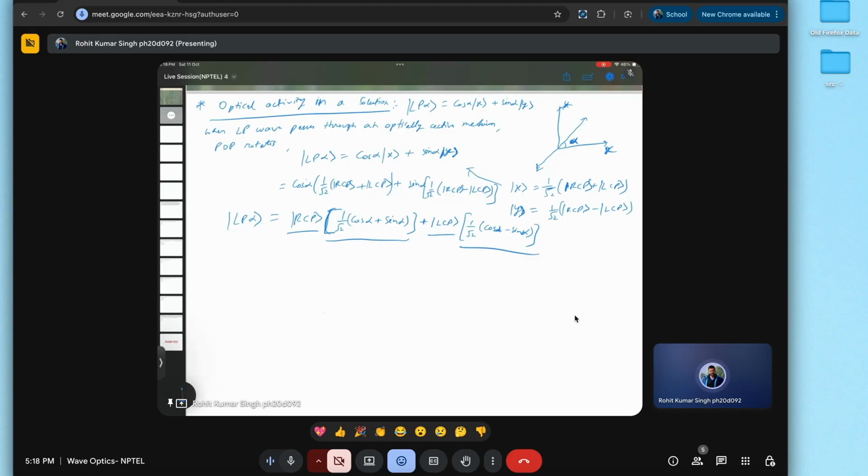This is something that we also discussed earlier while we were discussing the Jones matrix. Now let's see what happens to right circularly and left circularly polarized waves when they pass through an optically active medium.